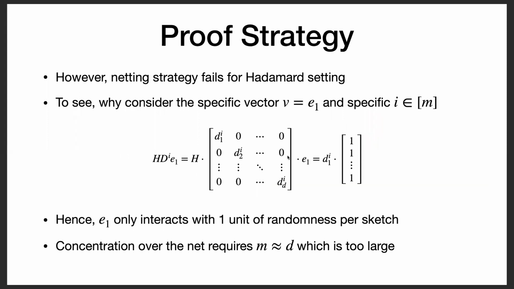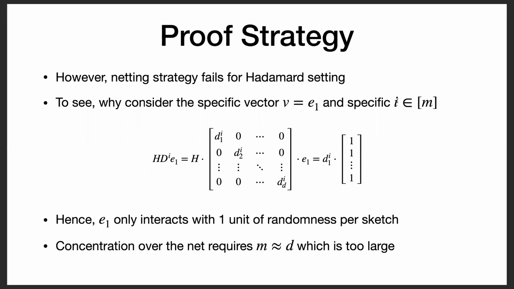But what we will see right now is that this netting strategy fails for the Hadamard setting. One easy way to see that is to consider the specific input vector e_1, the first standard basis vector. And now let's consider a specific submatrix in the Hadamard transform.